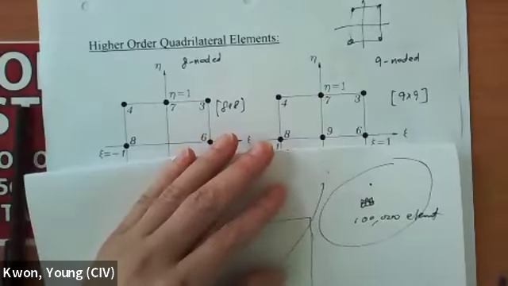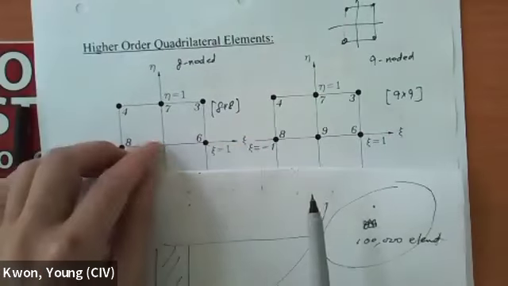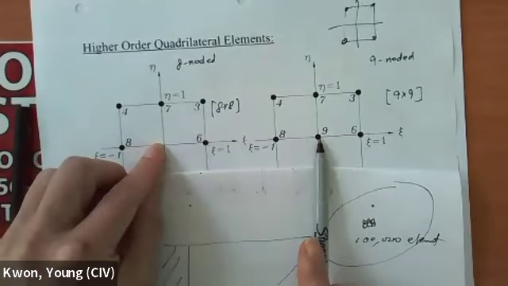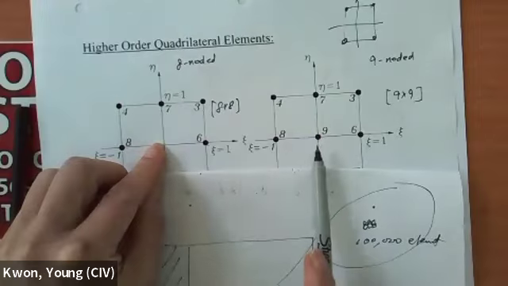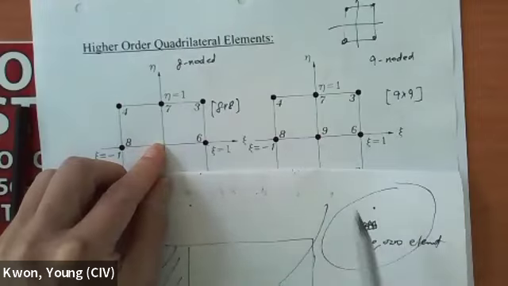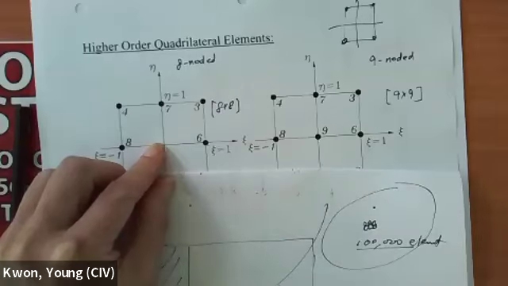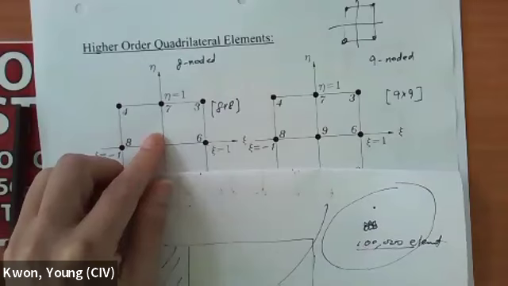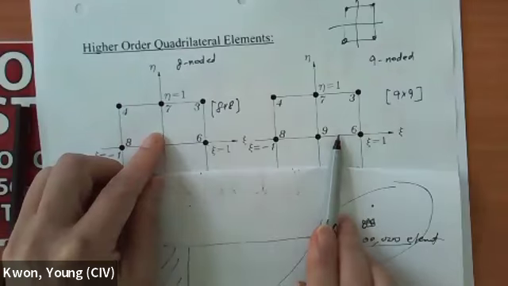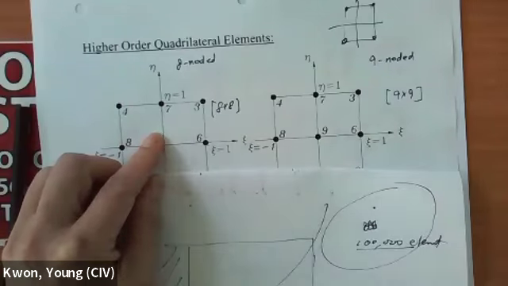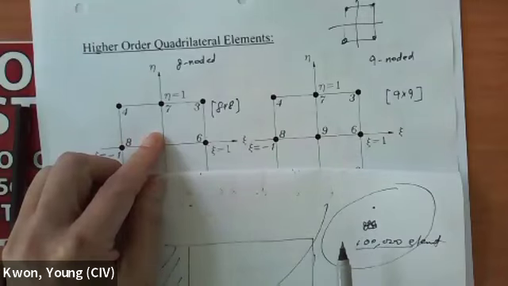Then if you use the same kind of element except for the internal node, you are going to have 100,000 degrees of freedom less using this element compared to this one, right? Because one element has 1 degree of freedom less, so 100,000 elements means 100,000 degrees of freedom less, right? That's the big deal.